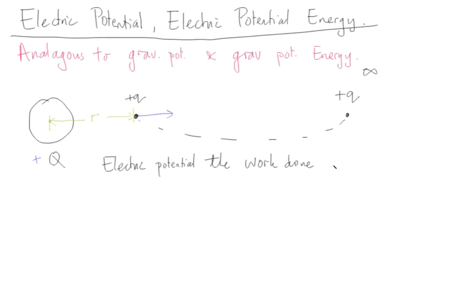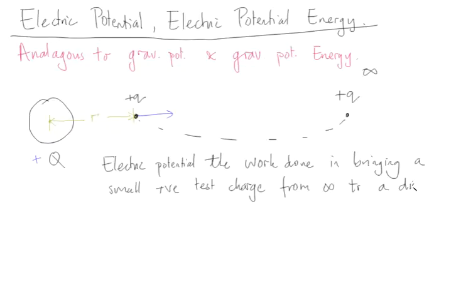The work done in bringing a small positive test charge from infinity to a distance r from charge Q. It's given the symbol V subscript E, and it equals the work done per unit charge.